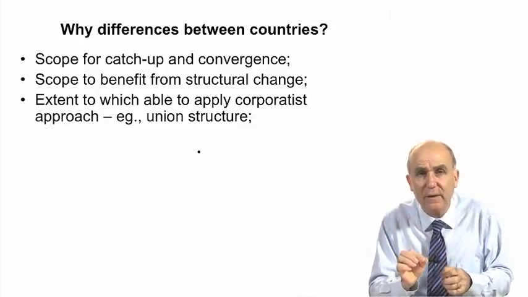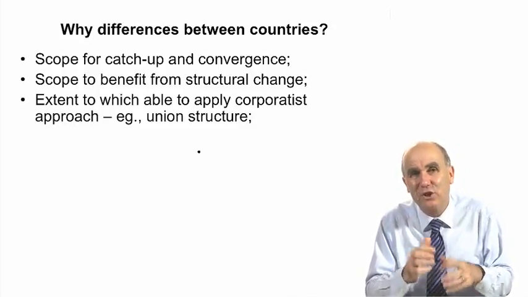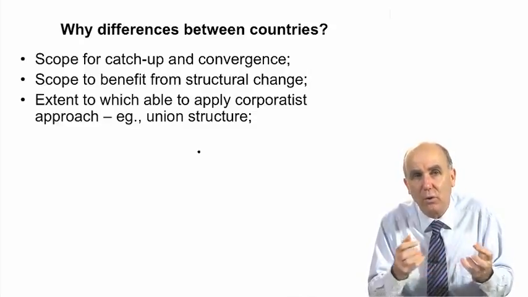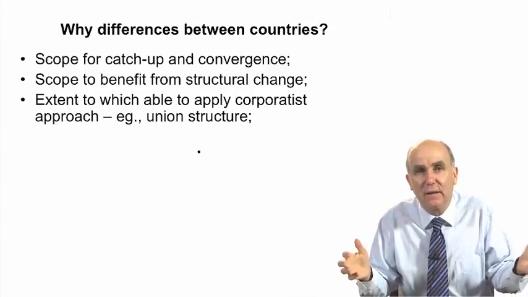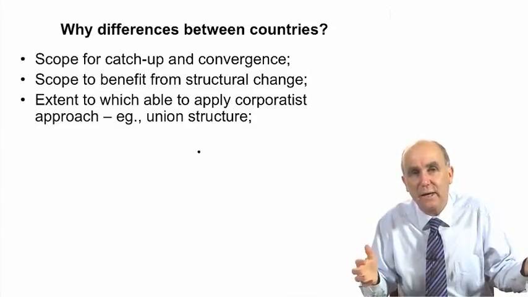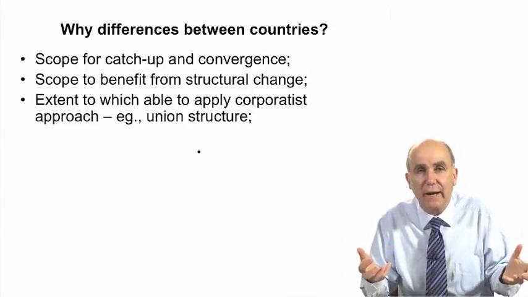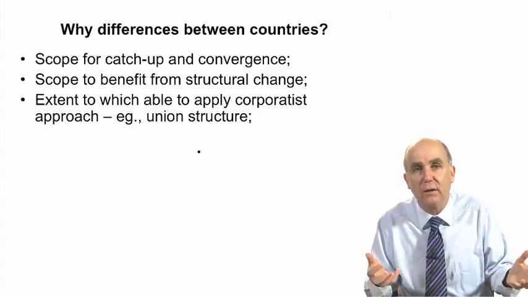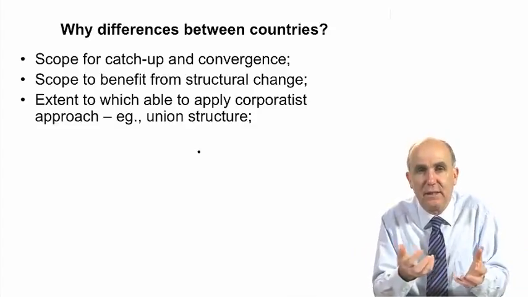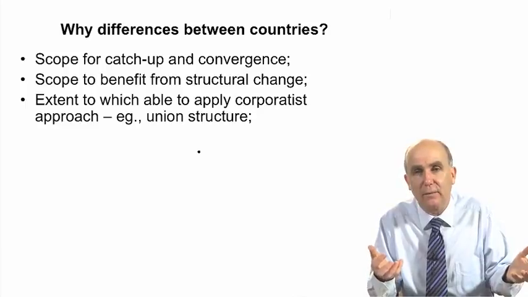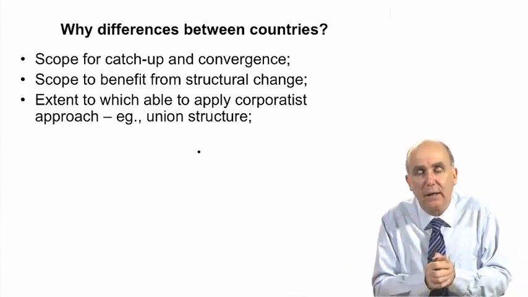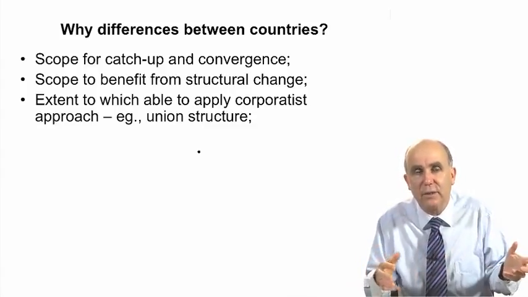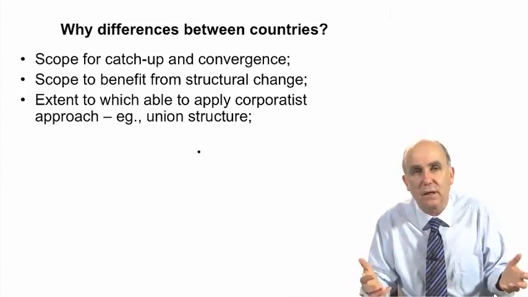To the extent that we think that the institutions in Europe were important in explaining why rapid economic development occurs, then to the extent that those institutions differed between countries may be an explanatory factor for different rates of growth as well. So, for example, differences in the ability of countries to plan, to assist by planning capital accumulation, or differences in the extent to which countries are able to apply a corporatist approach.